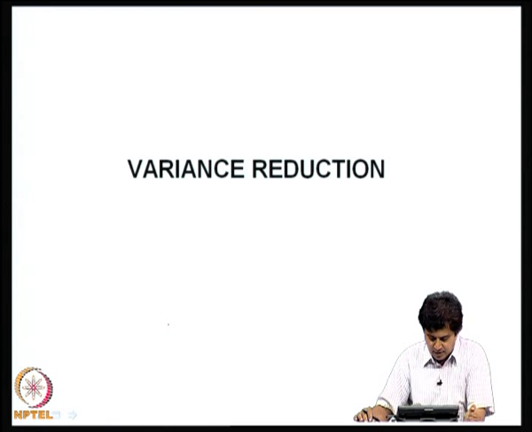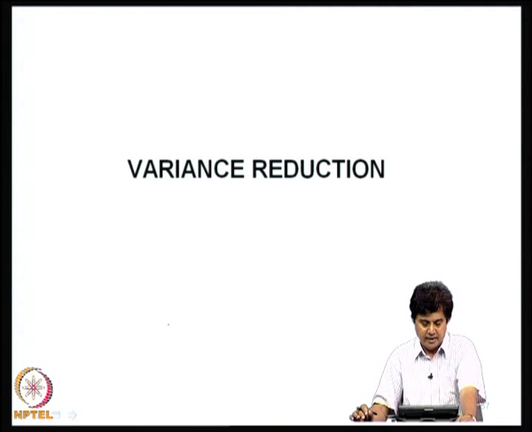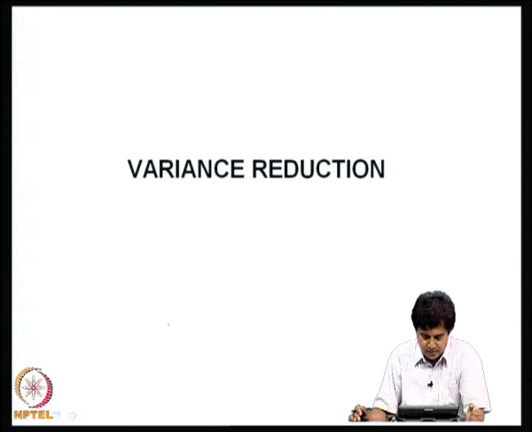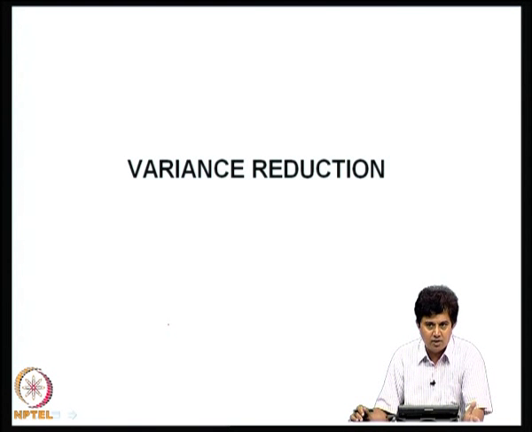Now I would like to briefly introduce a new topic, what is known as variance reduction. Before that we can summarize what we have done. We have developed methods for simulation of random variables: scalar, vector, Gaussian, non-Gaussian, completely specified, partially specified.